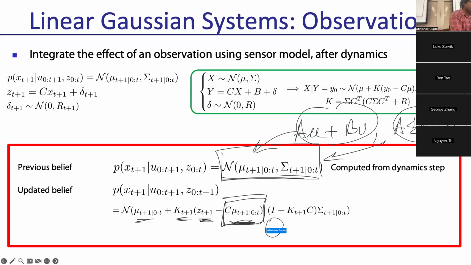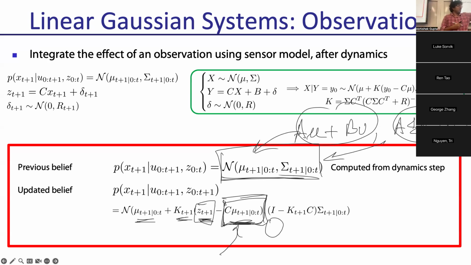So C mu is telling me that if my state was truly the mean, then I would have gotten the measurement C mu, right? And so I'm looking at the difference between what I got and what I expected to get. You can think of z_{t+1} as the actual measurement that you got, and C mu as what I expected to get. I have some difference between the two, and then I use that to change my mean, right?